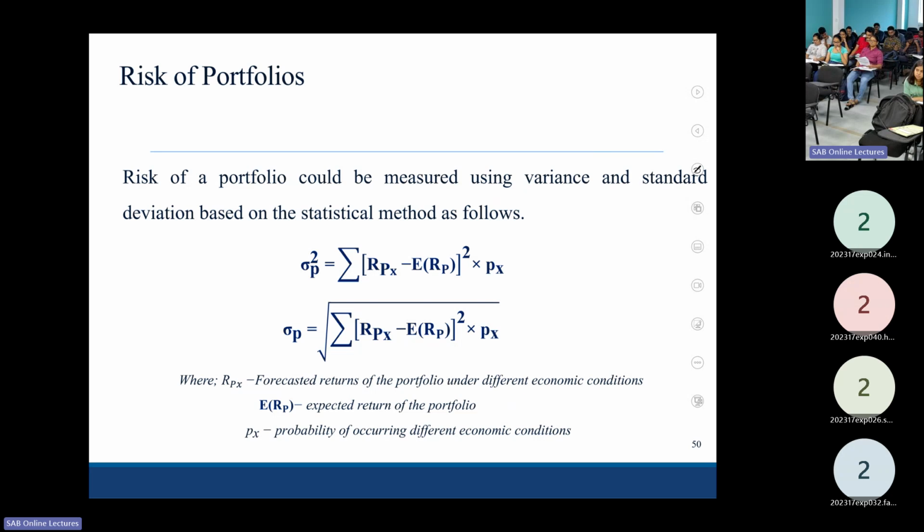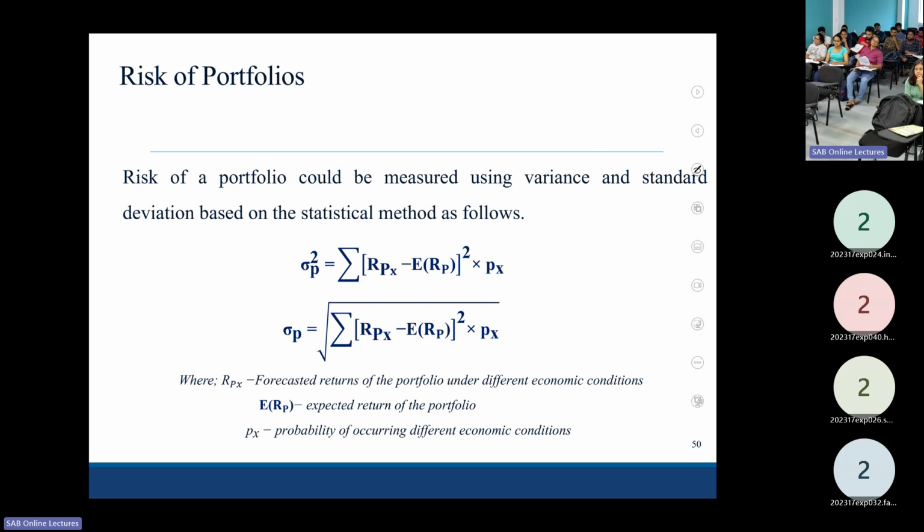RPX, portfolio forecasted return under the state of economy 1, its deviation from the portfolio expected return, the deviation multiplied by the probability of happening in the state of economy 1. Then portfolio forecasted return under the state of economy 2, its deviation from the portfolio expected return, the probability of happening in the second state of economy.